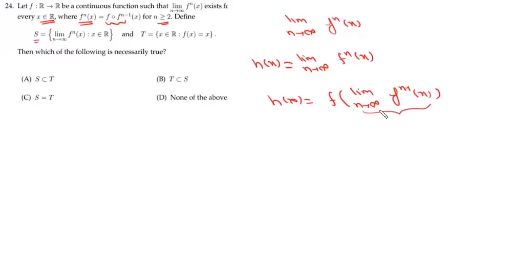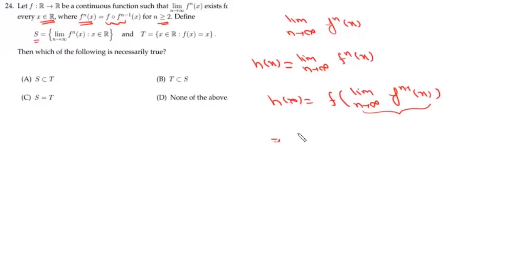Limit n tends to infinity f^n(x), and let it be some function, say h(x). Now since f is continuous, we can write this h(x) as f of limit n tends to infinity f^(n-1)(x). This limit n tends to infinity f^(n-1)(x) will again be h(x).